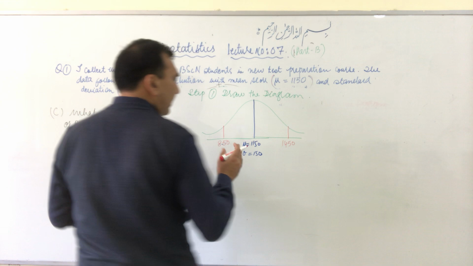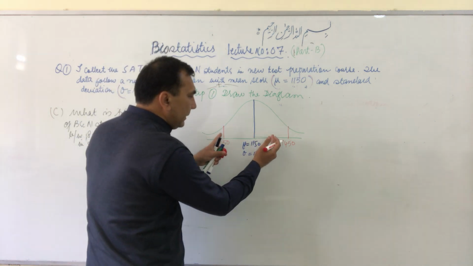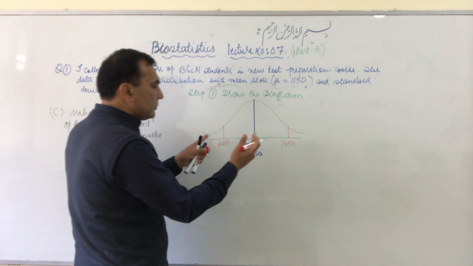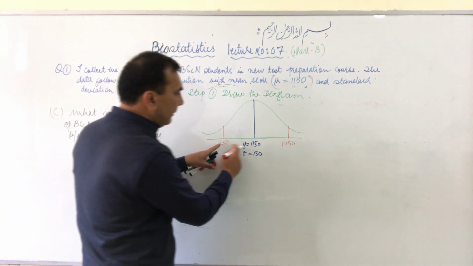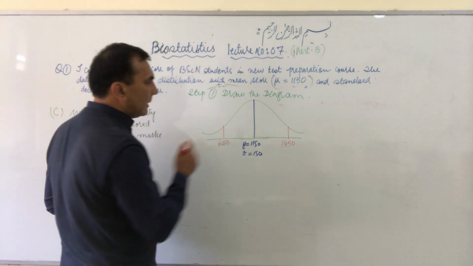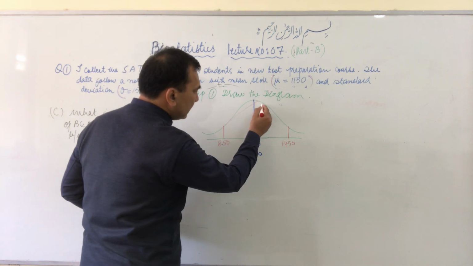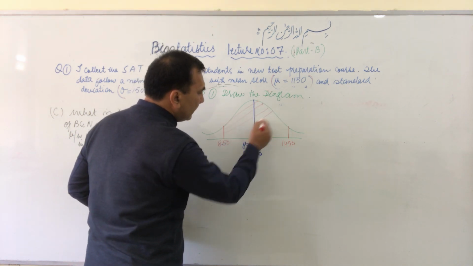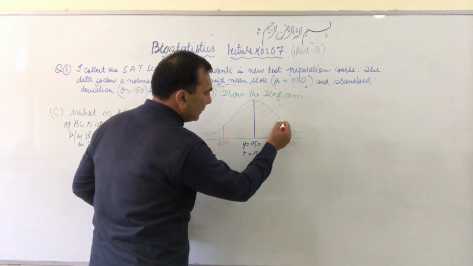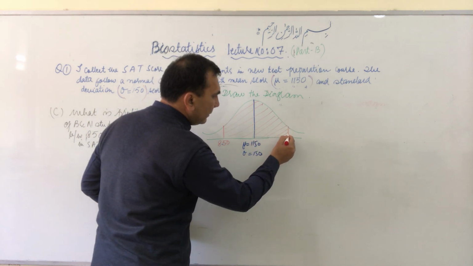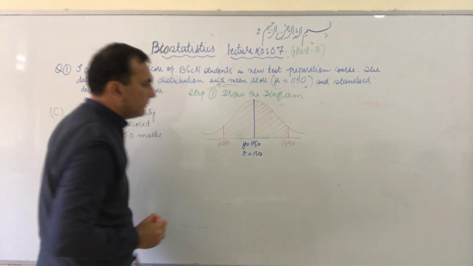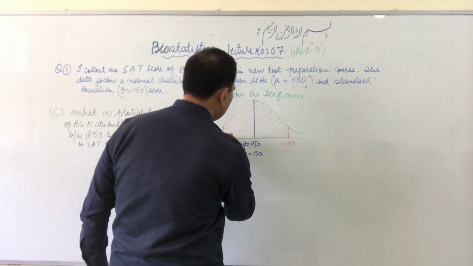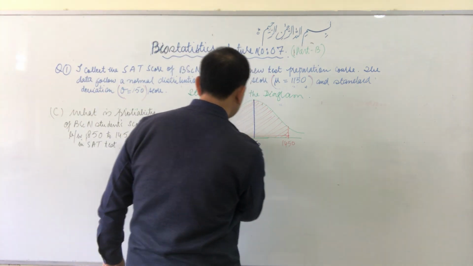The question is asking what is the probability that the BSN student scores in the state test between 850 to 1450 marks. So we will be concerned about this whole area which is present between the two marks, from here to here.